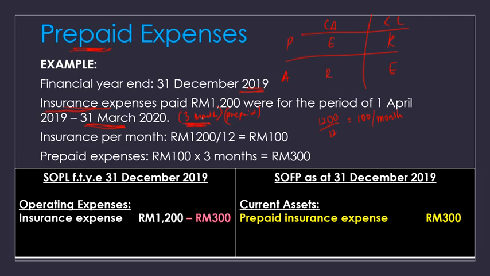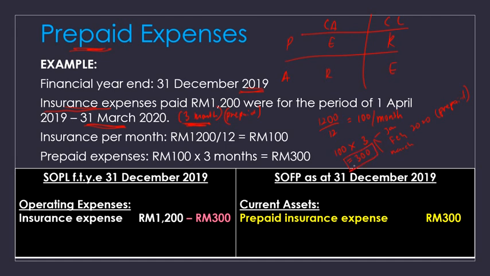So 100 kita darabkan dengan 3 bulan. Since 3 bulan ni is referring kepada you punya January, February and March 2020, is referring to your prepaid expenses. So dapatlah 300. 300 ni ialah amount untuk prepaid expenses.